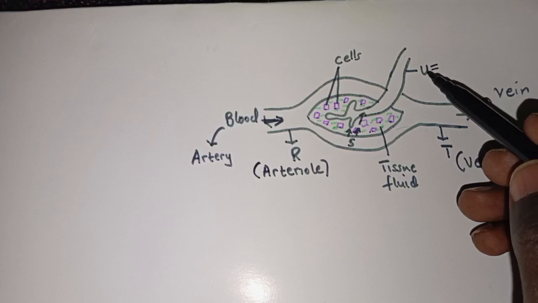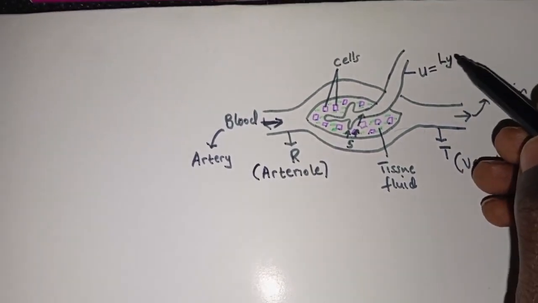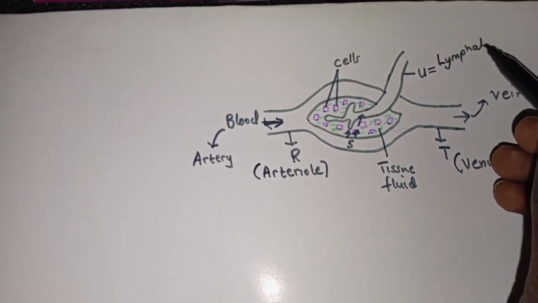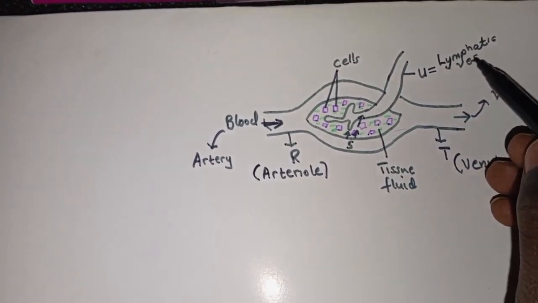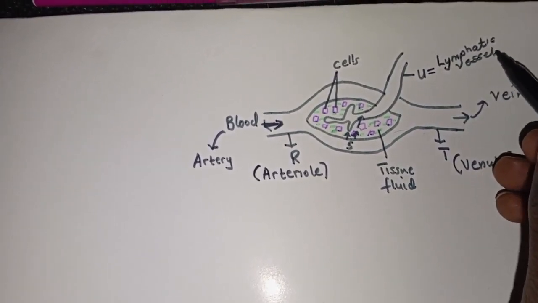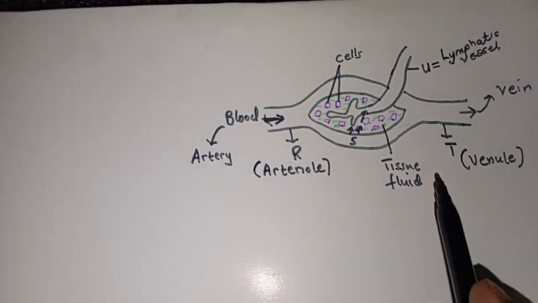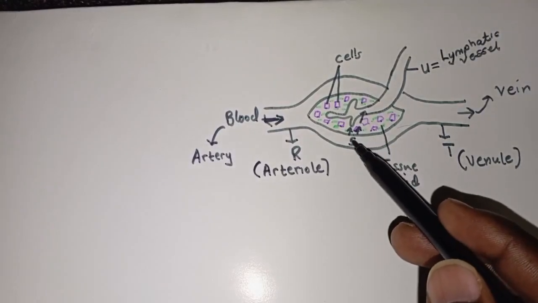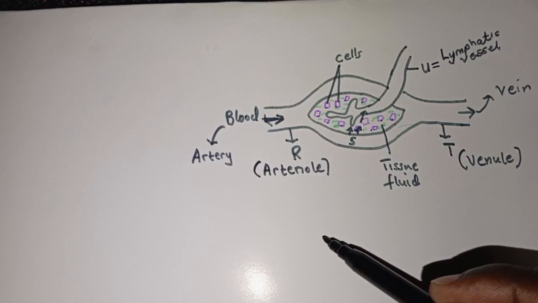It's a lymphatic vessel, and we'll talk about it. Then we have tissue fluid, which I think we've labeled. We have S here, and we'll come to S later on.